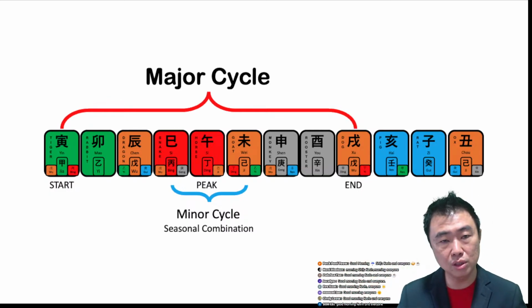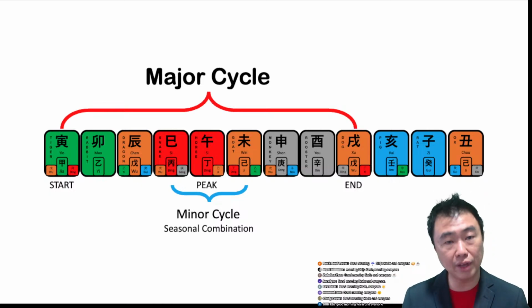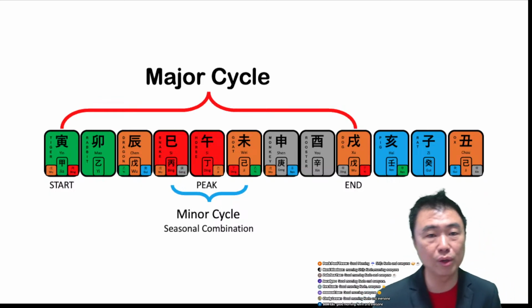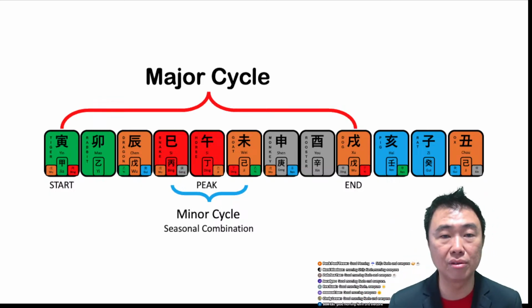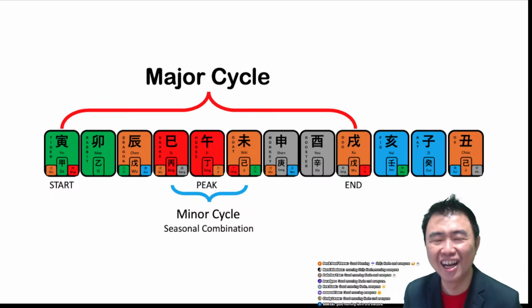Right, so for this one, you go back to the first video which talks about the 12 branches. I've explained what they call the hidden stems, right? The things that are inside, the singing group, I call them the singing group.